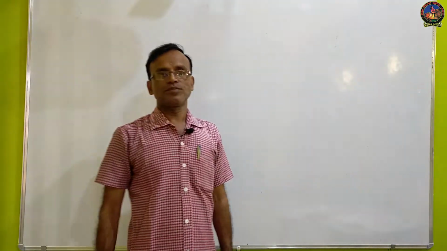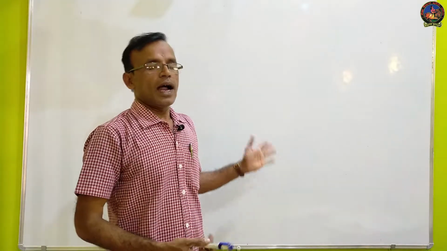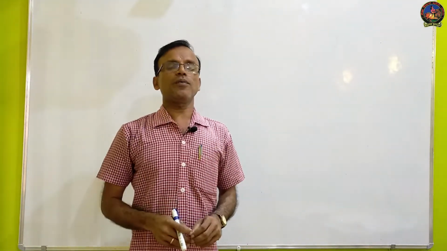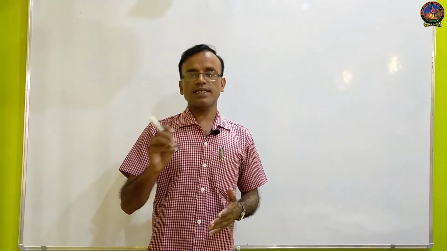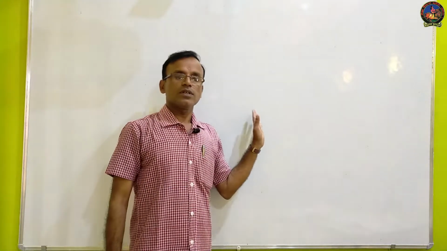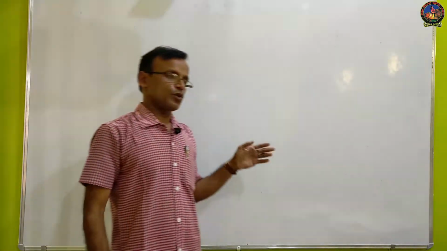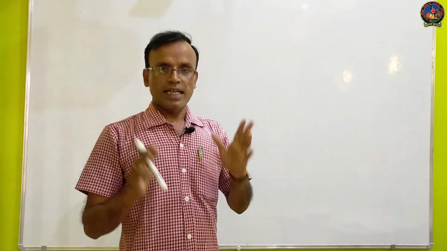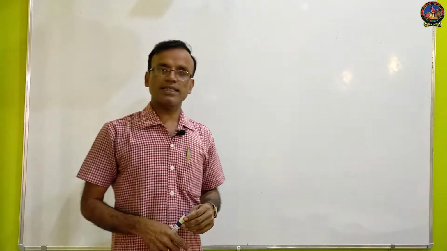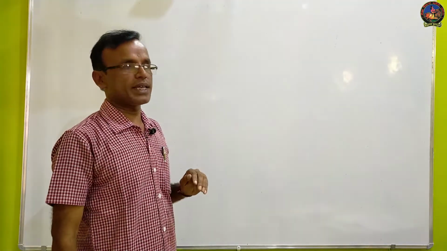We need some words as a group, and this group of words expresses a complete meaning. It follows some grammar rules. Next, a sentence has two main parts. The first one is the subject and the second one is the predicate.